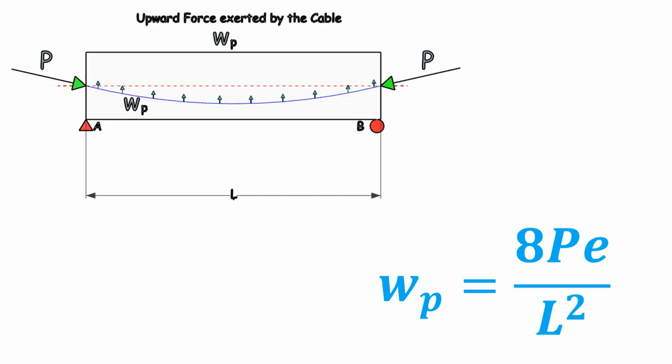So this parabolic profile has a lot of advantages, and it is being used in many bridges, bridge girders, and also wherever it is required for residential buildings or commercial buildings.